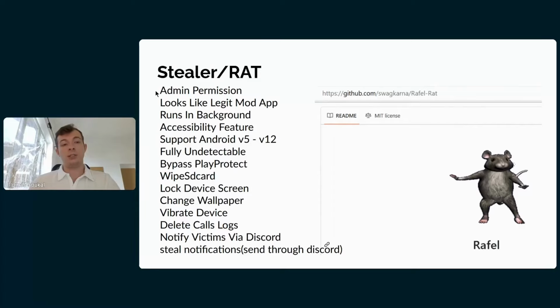It's capable of requesting admin permission, it runs in the background, and I think nowadays it supports all Androids up to version 14, and has options like remote device screen lock, wallpaper changing, data encryption, deletion of logs and other things. It can also steal notifications and collect those on the attacker's Discord. So a lot of options.